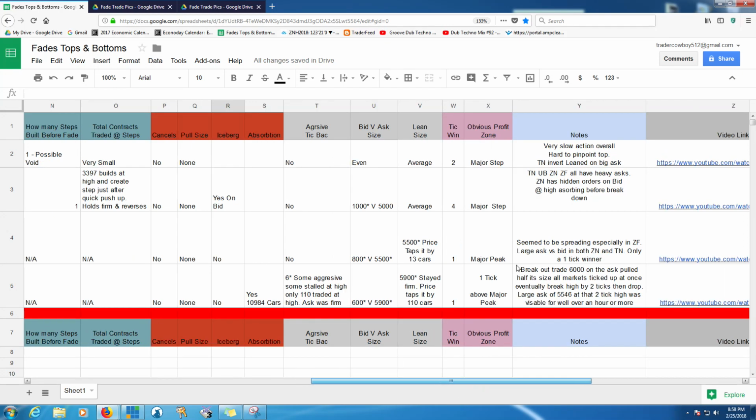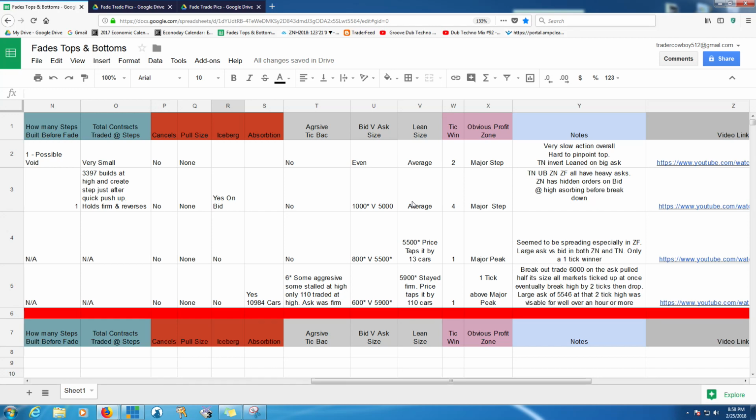So that gives me an idea what the bid and ask look like when we're at the absolute high. And you can see how these large orders were going against small bids and they were holding firm. Lean size, average, average. This is the price above.